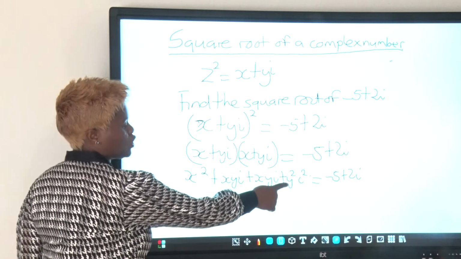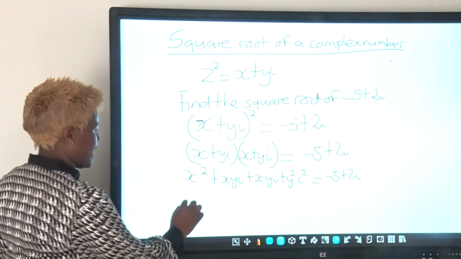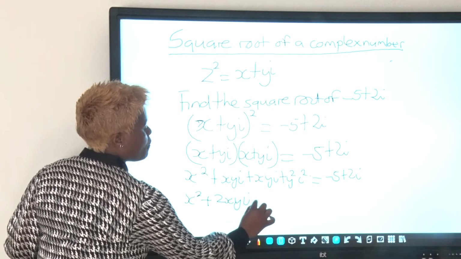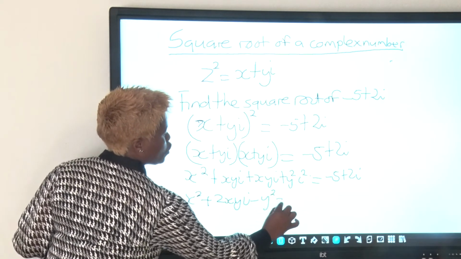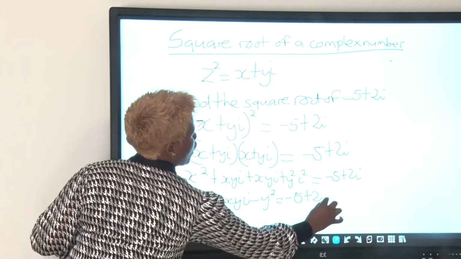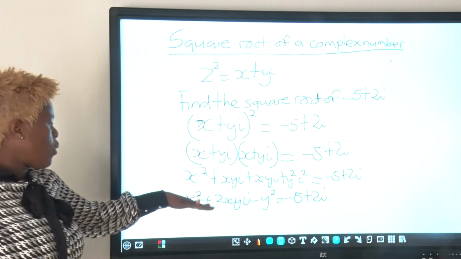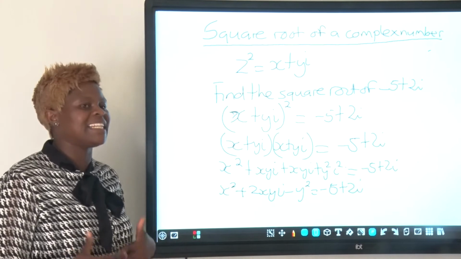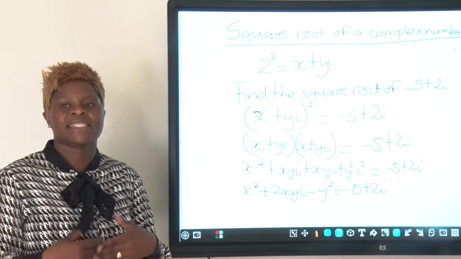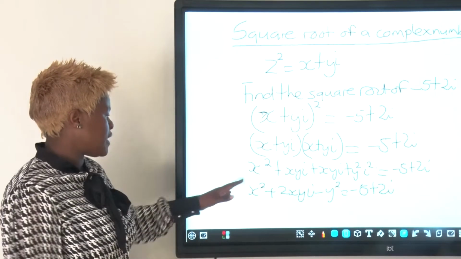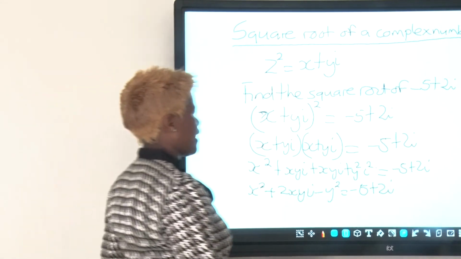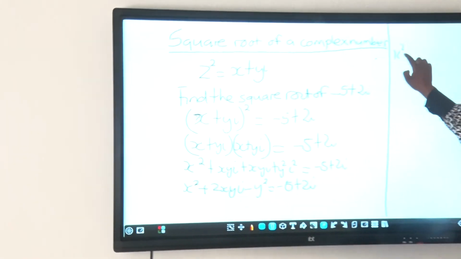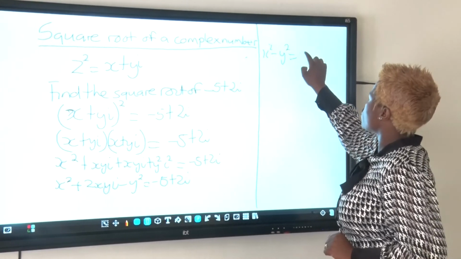So when we multiply y squared with minus 1, we get x squared plus 2xyi minus y squared is equal to minus 5 plus 12i. After this stage, we now want to equate real numbers and imaginary numbers to form simultaneous equations. On this side, for our real numbers we have x squared minus y squared is equal to minus 5.